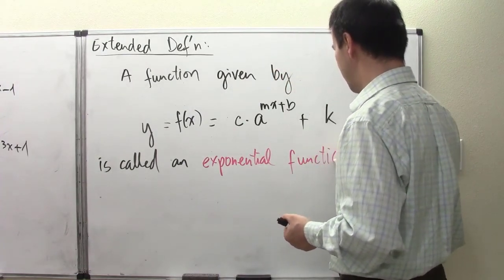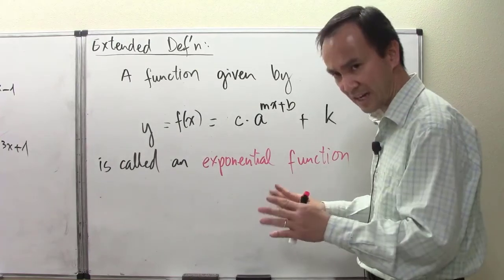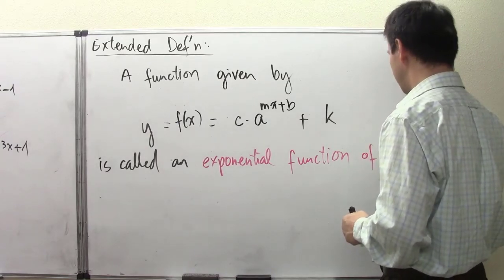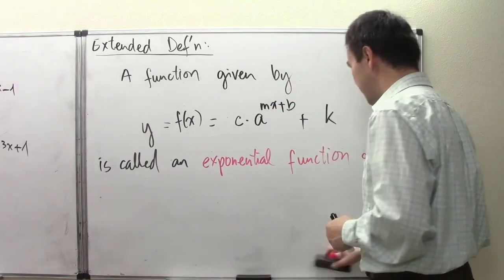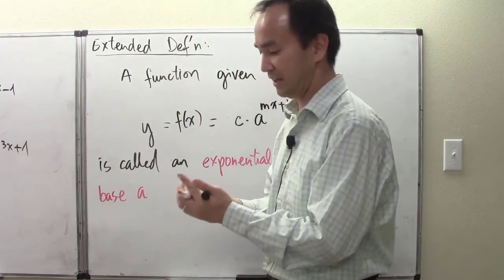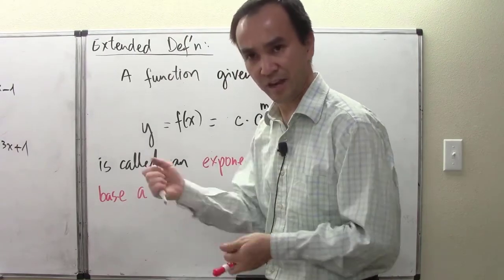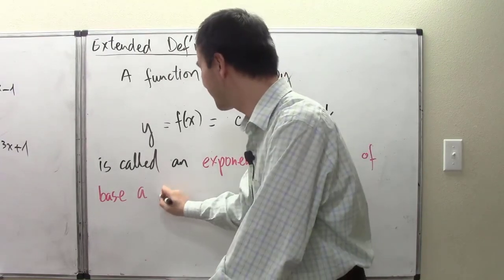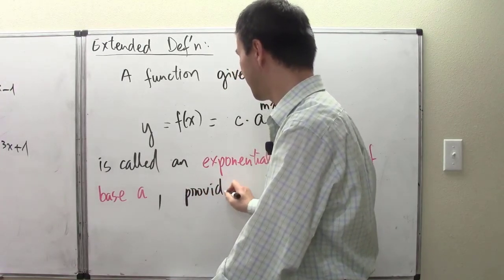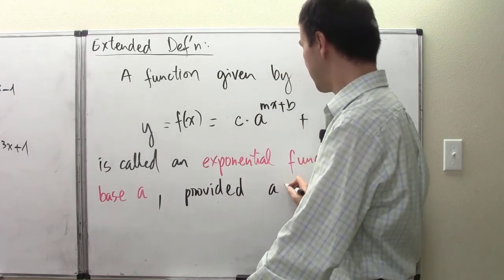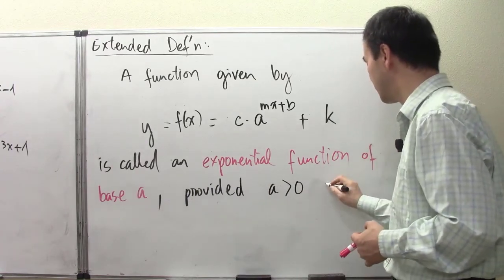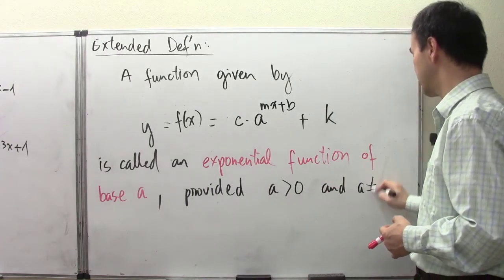As far as the name, it's exactly the same name as in the earlier definition: an exponential function of base a. And again, the same requirements apply: provided the base has to be a positive value and the base is other than 1.